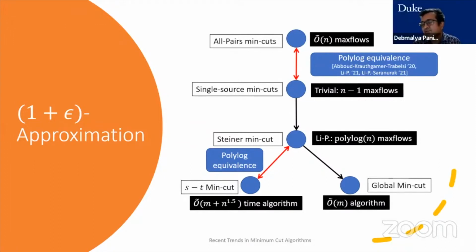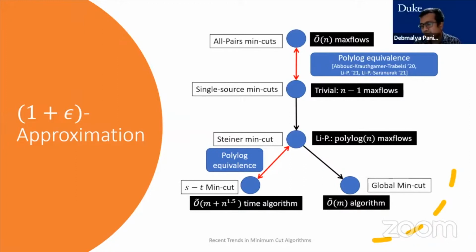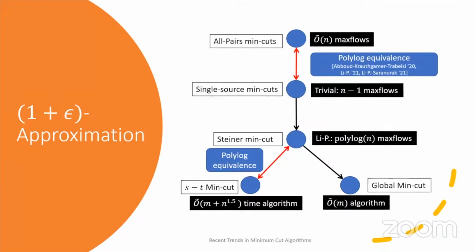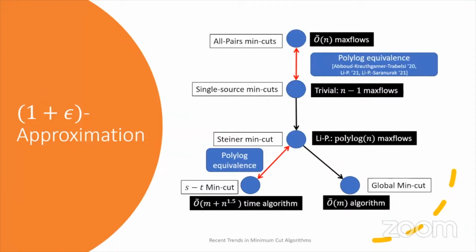The usual way that you would find an ST min-cut would be to run a max flow algorithm and then find the saturated cut. There are others, like you can use an LP. If you want to bypass max flows, everything that I'm saying still holds. Instead of max flows, if you replace that by ST min-cuts, everything that I'm saying still holds. Okay, got it.